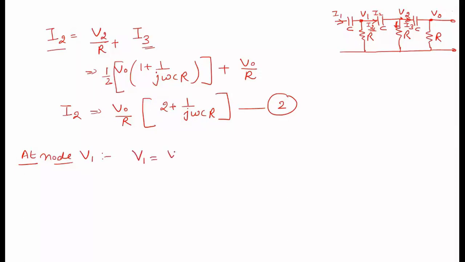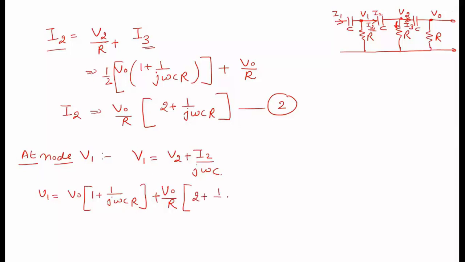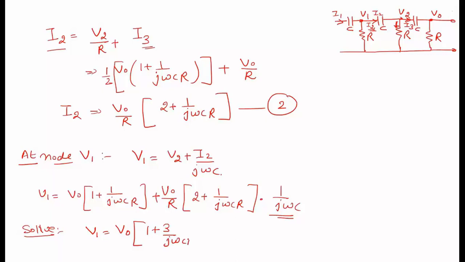So V1 is equal to V2 plus I2 upon j omega C. So we can write it here as V1 is equal to V naught into 1 plus 1 upon j omega CR, which we have calculated earlier, plus I2, which we have calculated, V naught by R into 2 plus 1 upon j omega CR into 1 upon j omega C. So solving this expression, we can say that V1 is equal to V naught into 1 plus 3 upon j omega CR minus 1 upon omega square C square R square. So we have calculated V1.